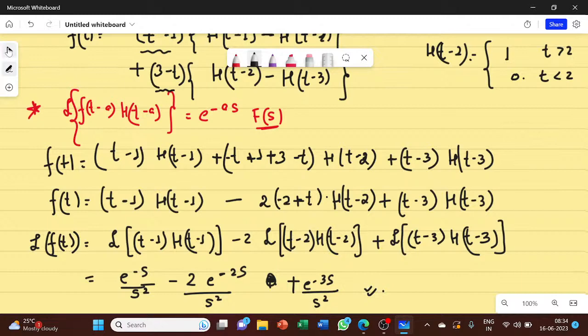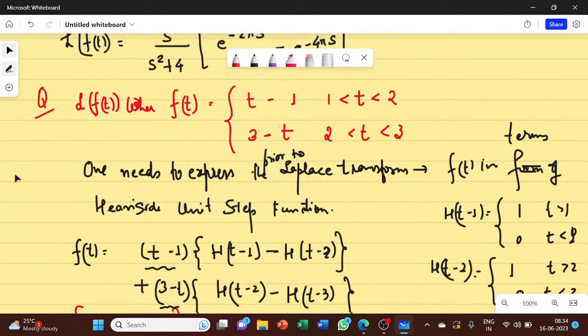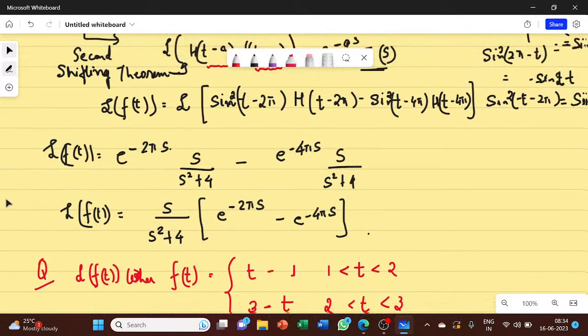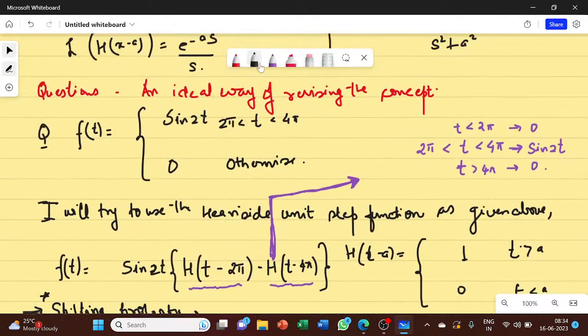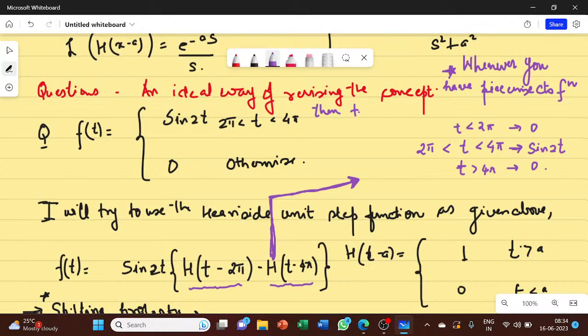So whenever you have this kind of piecewise continuous functions defined, one of the ways, I'll write it here, this is a concept that I'm writing here: whenever you have a piecewise continuous function, then try to employ the Heaviside unit step function.